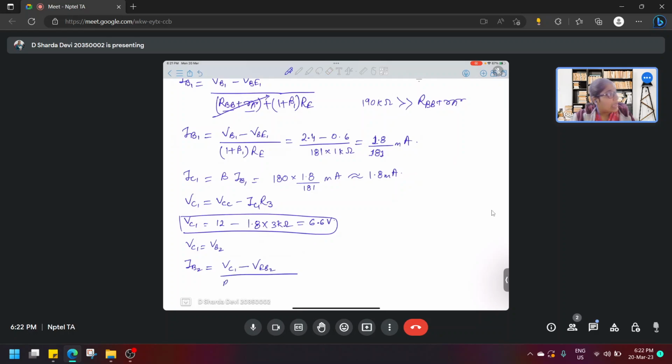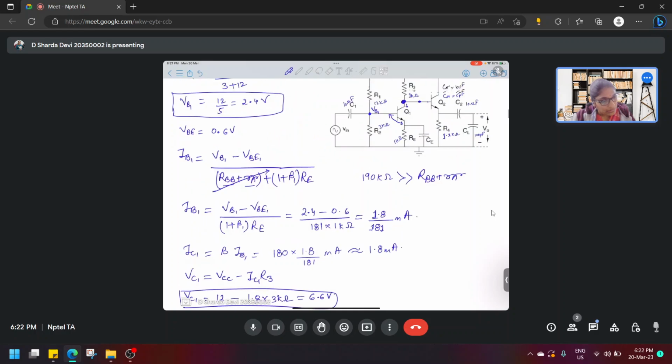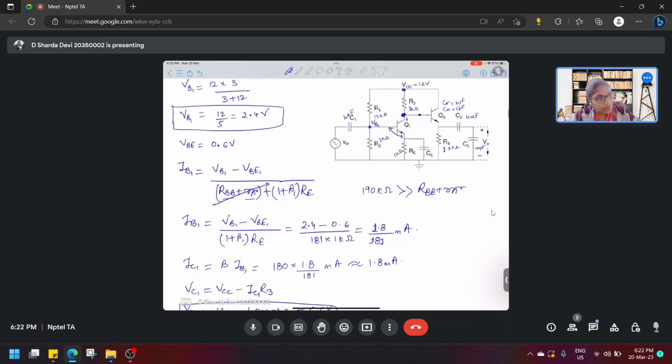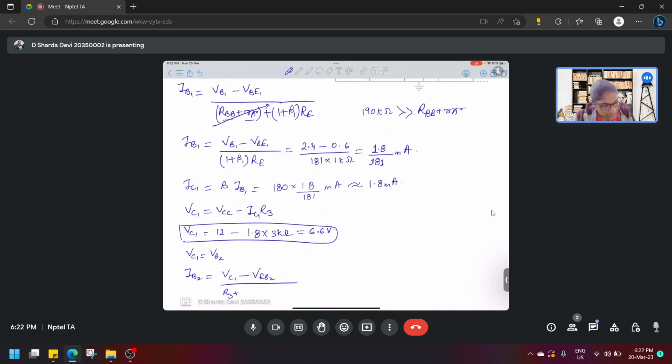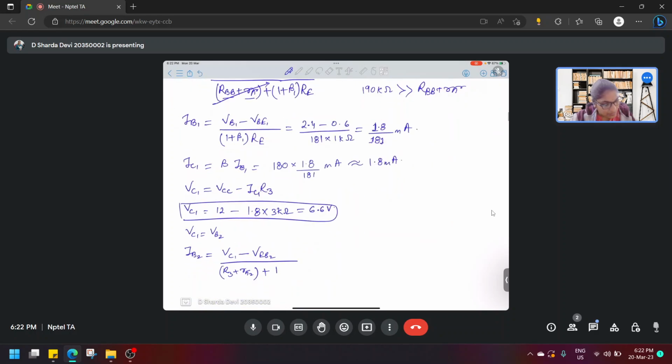upon R3 plus R pi 2 plus 1 plus beta 2 into R4. Here again we'll consider the same assumption that R3 plus R pi 2 is much less than 1 plus beta 2 into R4.